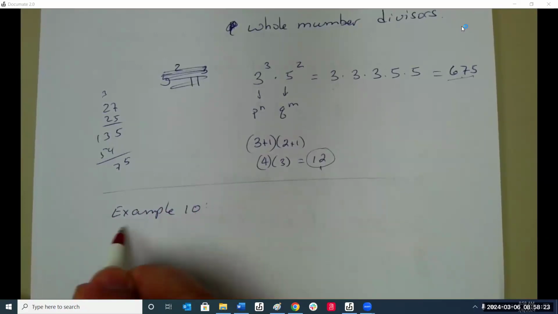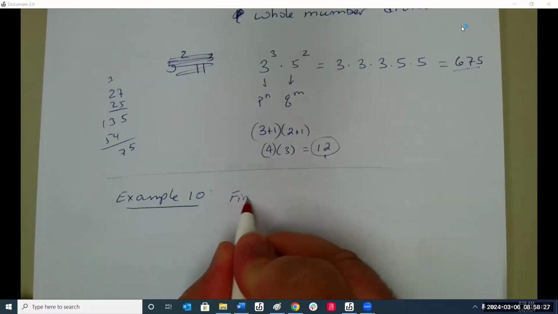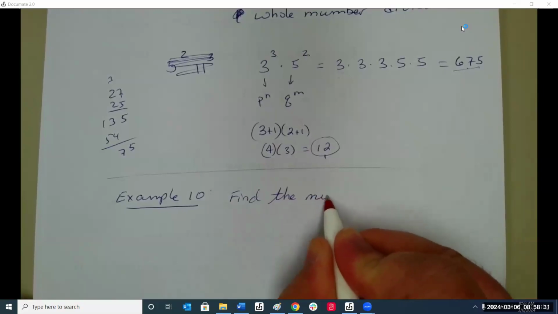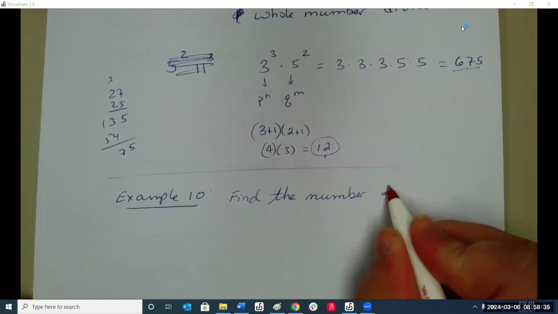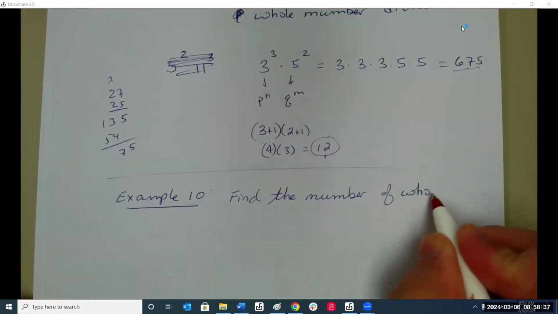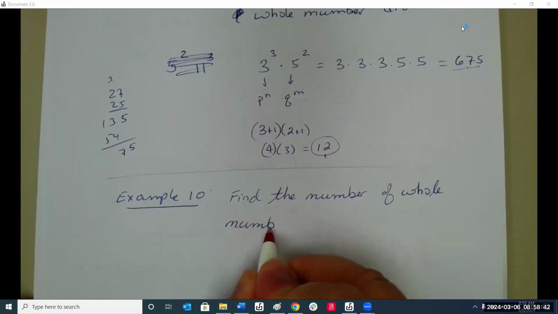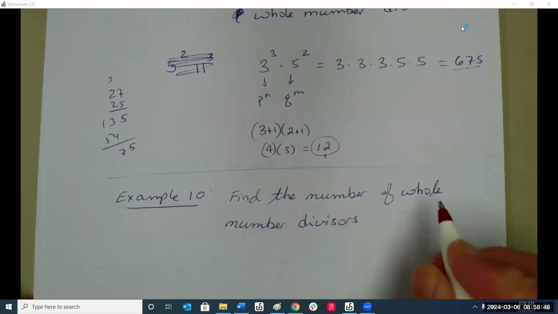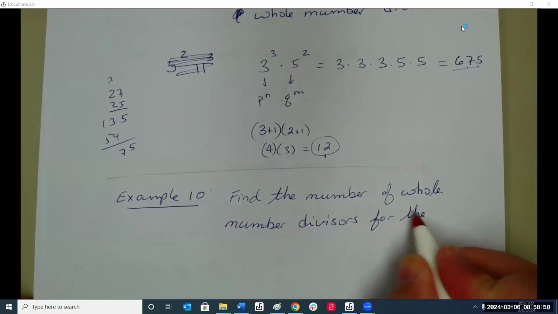Example 10. Find the number of whole number divisors for the following.